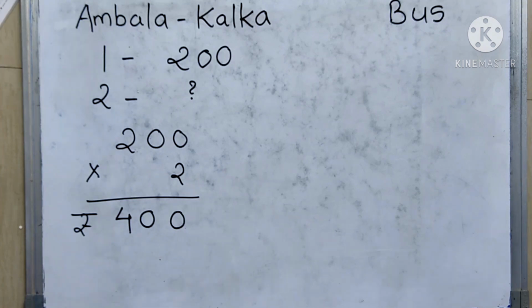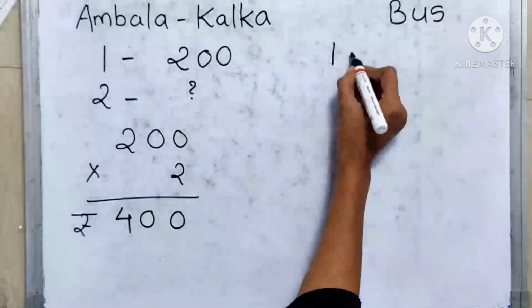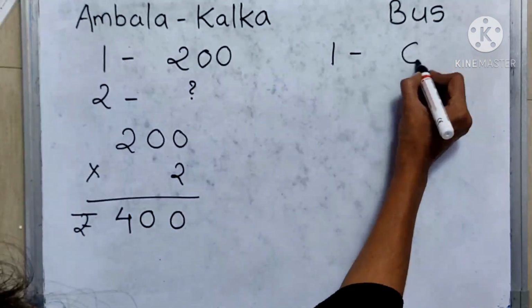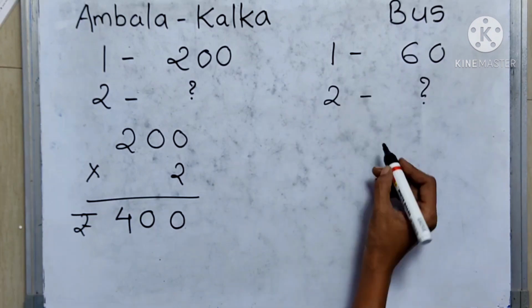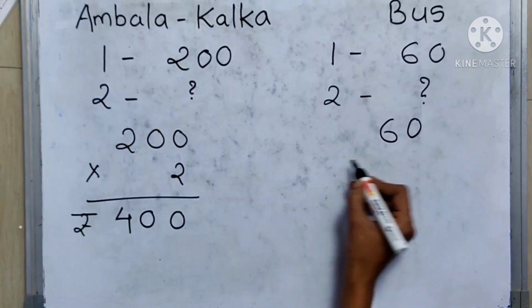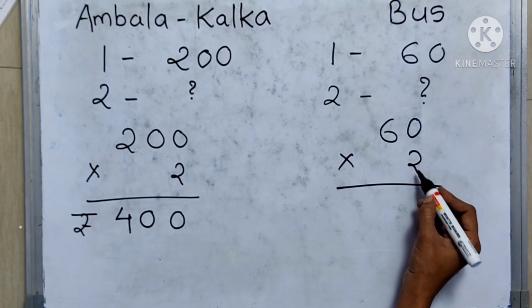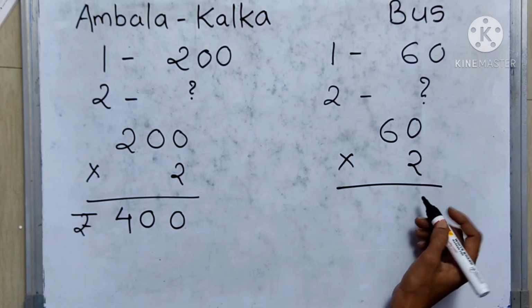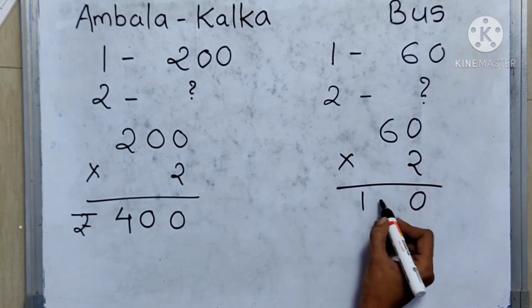Now we will calculate the cost of bus ticket. For one person, the ticket is 60 rupees and we have to find out for 2 persons. Again use here multiplication method. 60 multiply by 2. Now you know if we multiply any number with 0 or 0 with any number, the answer is always 0 and 2 6s are 12.